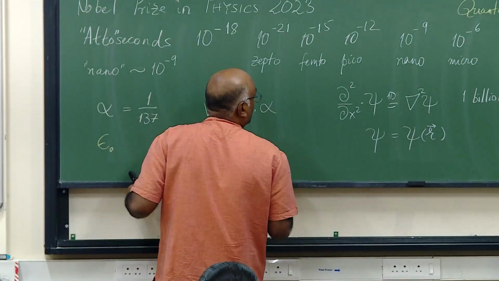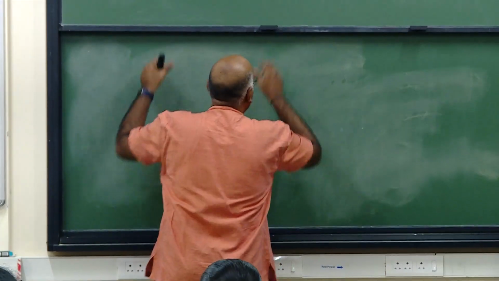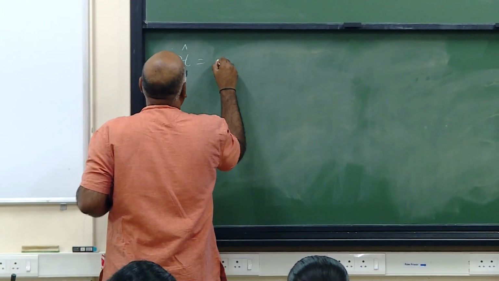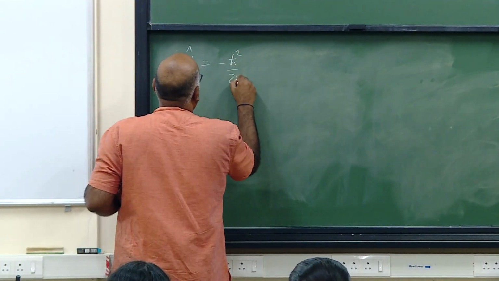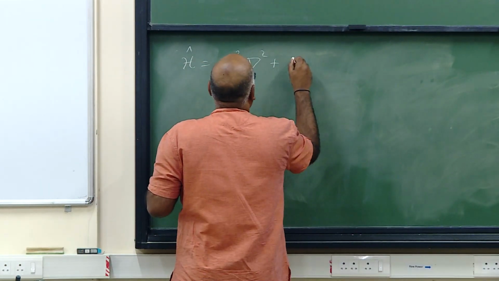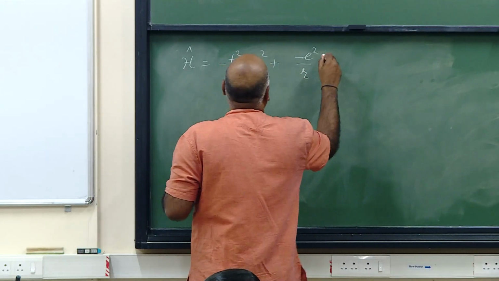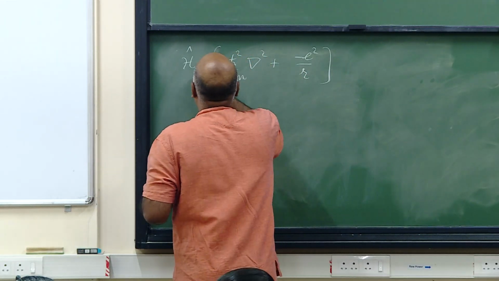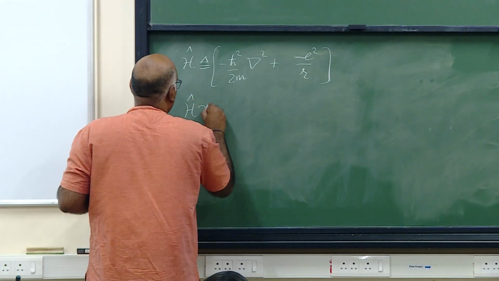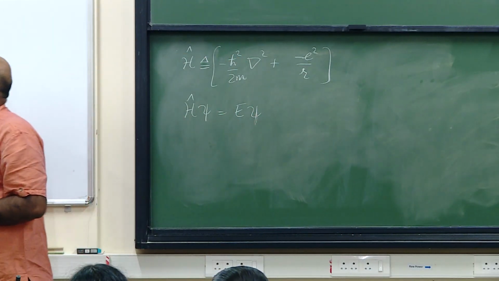Suppose I say H is plus minus E square by R. If I define this to be H, then I can write this down as H psi is equal to E psi.